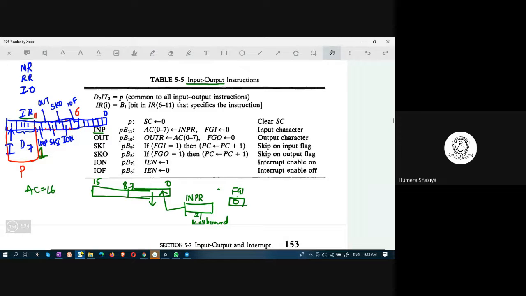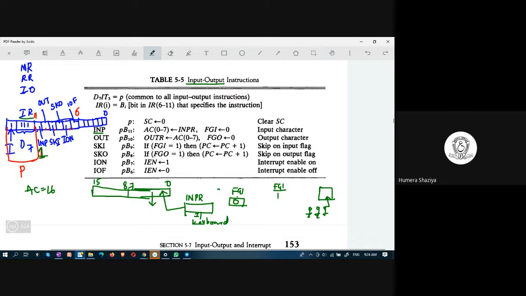Suppose there is a doctor's cabin, and all patients are waiting in a queue. If one patient enters, what happens? This FGI is set to 1. Why is FGI set to 1?